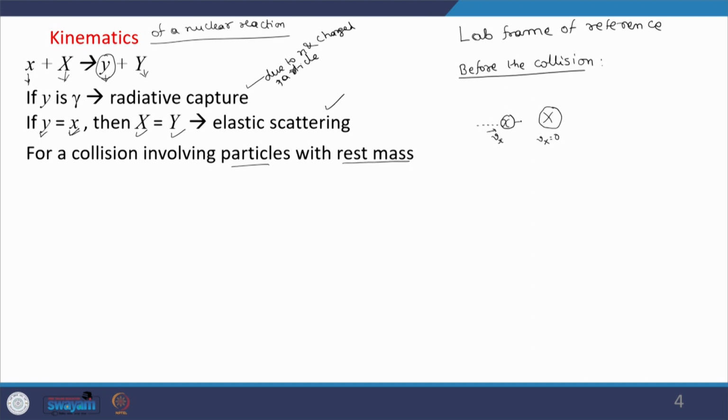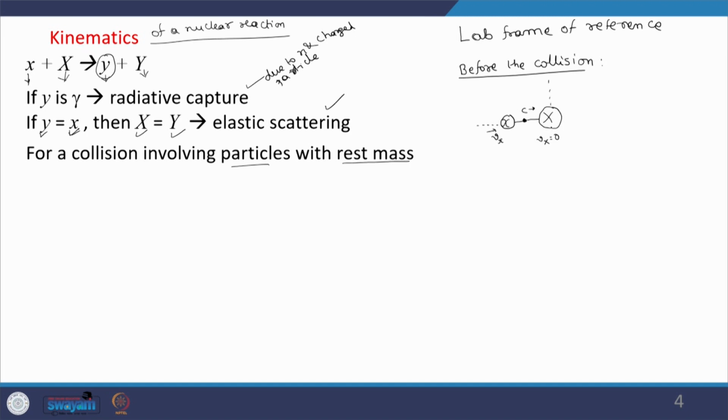The center of mass, if you consider, it is moving, isn't it? The center of mass is moving in the laboratory frame of reference. This is before collision, where the target nucleus is at rest and the projectile is moving with velocity Vx.